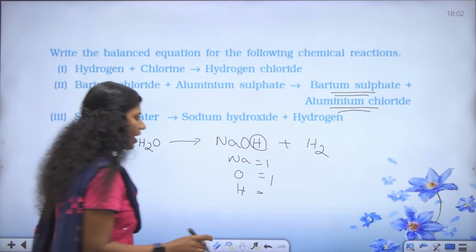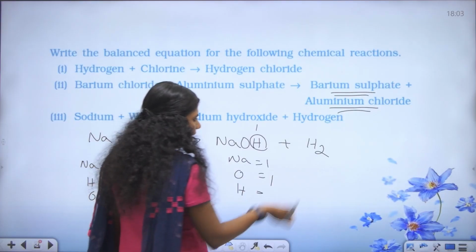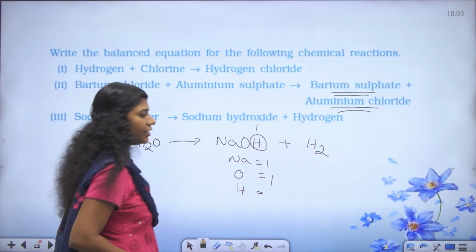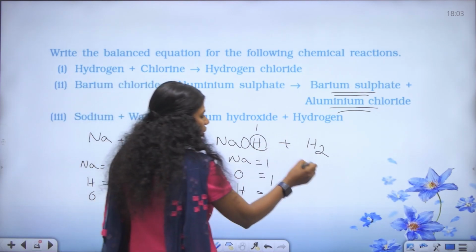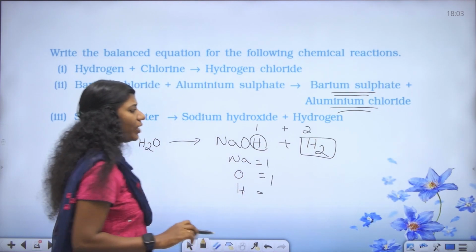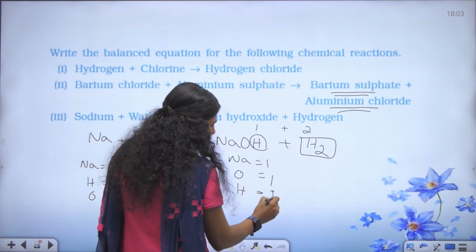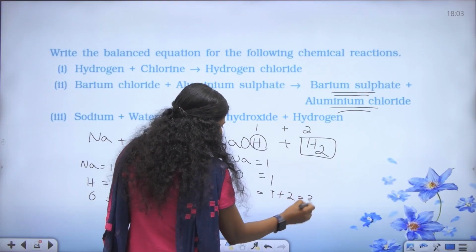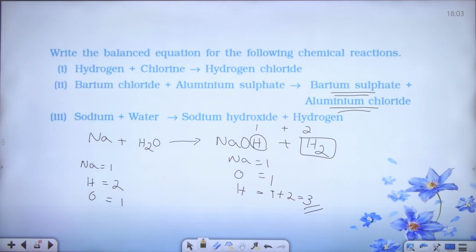No, in NaOH 1 hydrogen atom is present, and NaOH and hydrogen H2 are 2 products. In hydrogen molecules, the number of hydrogen atoms is 2. So total hydrogen atoms on the product side is 1 plus 2, that is equal to 3.